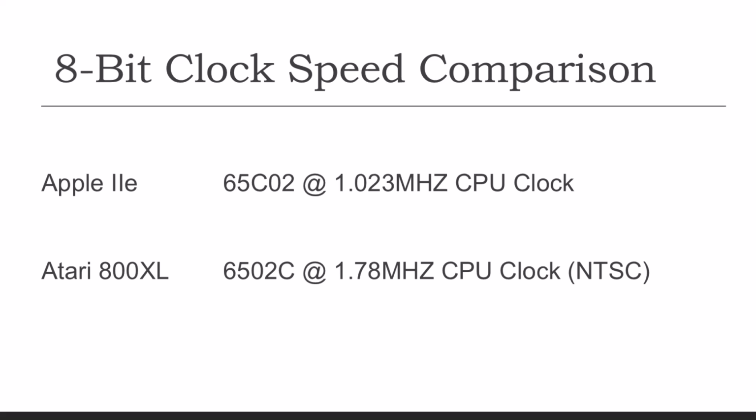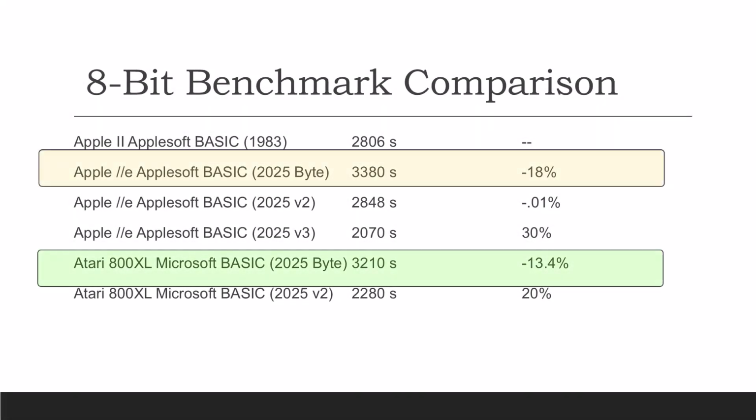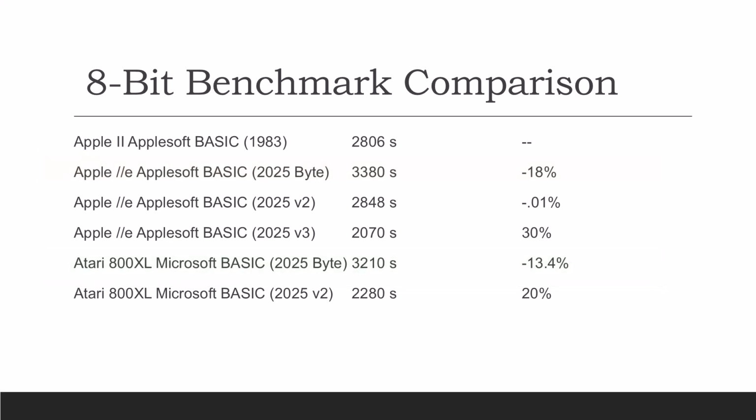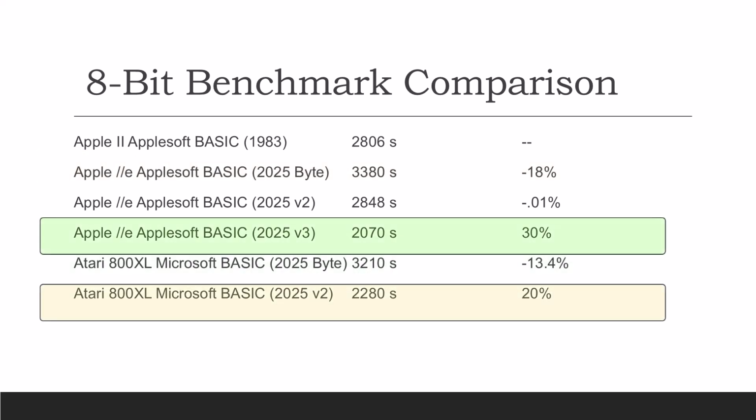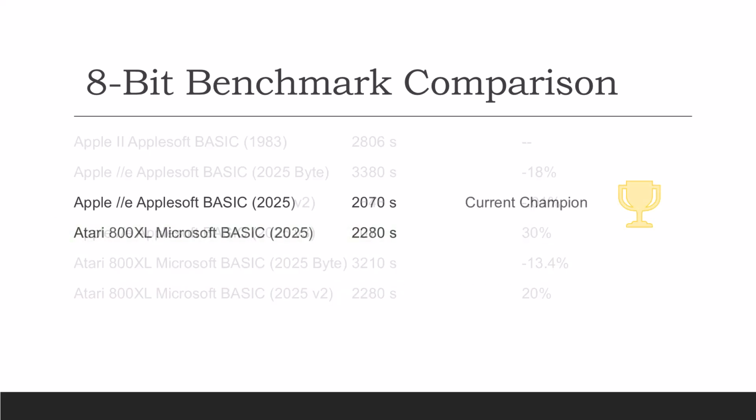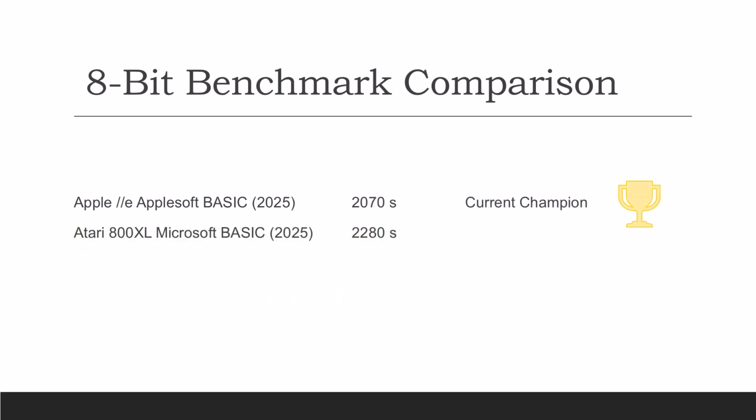And one may not be surprised that the algorithm based on an unoptimized 1983 Byte magazine version gave the Atari a measurable edge. However, applying the same functional improvements to both machines gave the Apple a clear edge. We will definitely have to give this win to the Apple IIe.